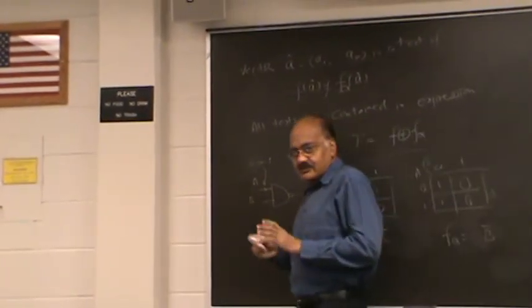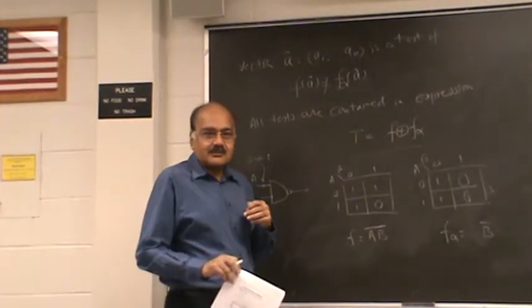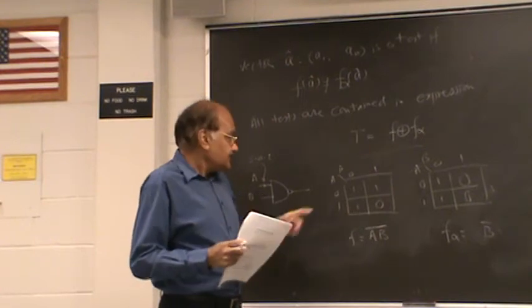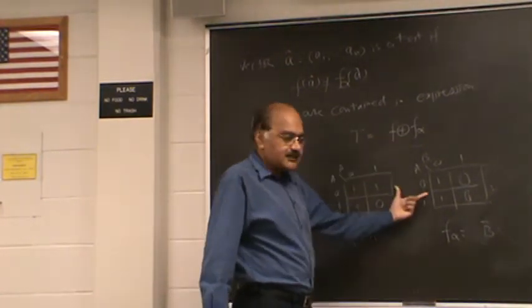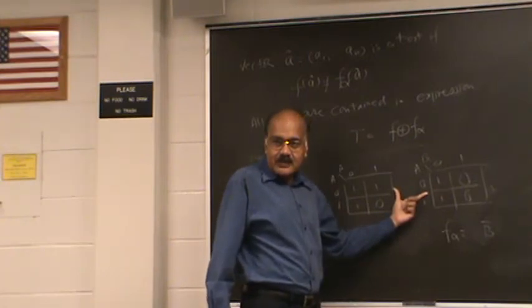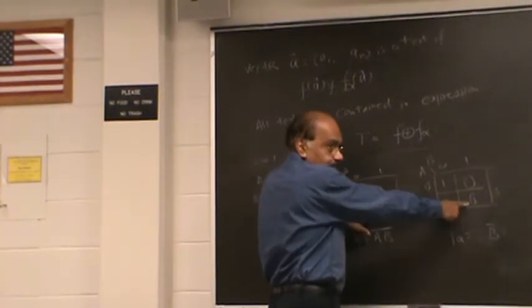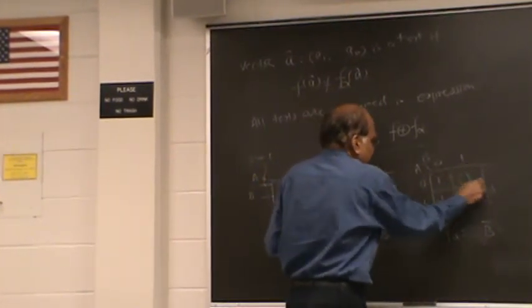So question is, which combinations are the tests? The combinations for which F and F alpha are different, right? So where are they different? So same here, same, and this is where they are different, right?